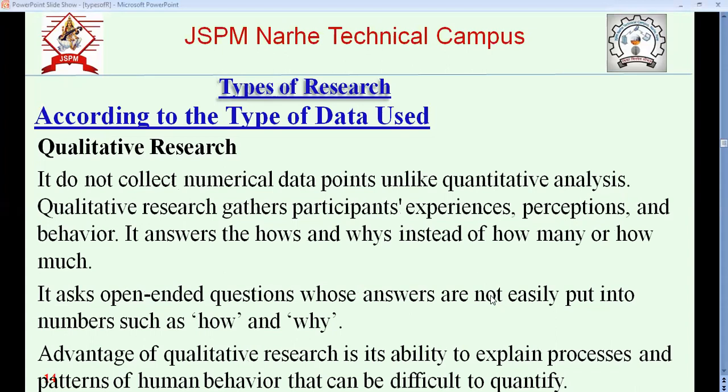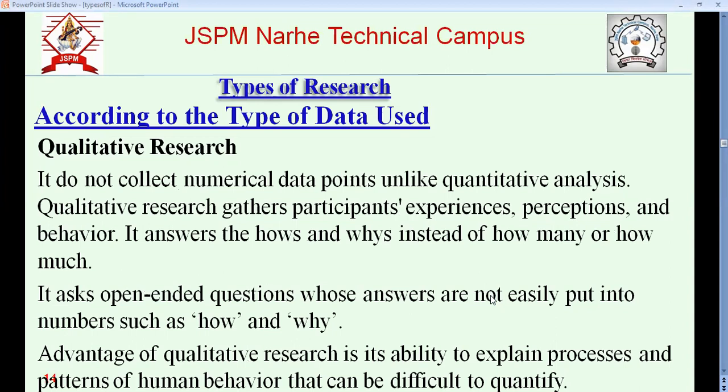So we classify research according to the type of the data. Now we'll see the two types, qualitative research and quantitative research.